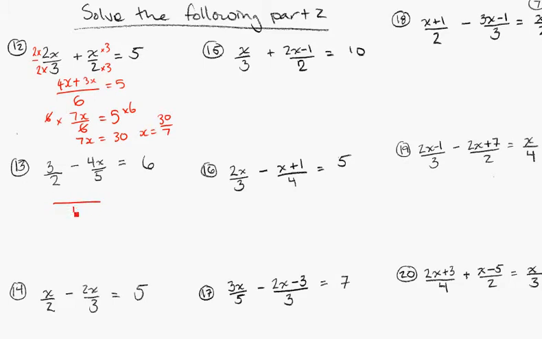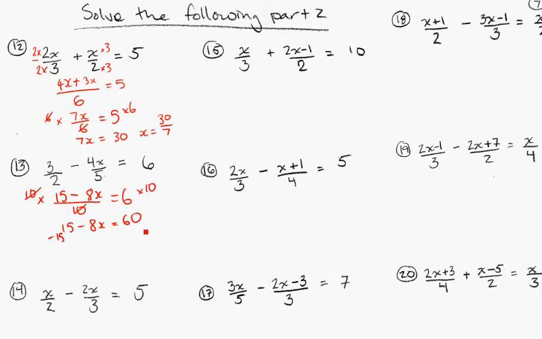Right, next one, we'll put them both over 10, common denominator. Multiplying top and bottom here by 5. 5 2's are 10, 5 3's are 15. Multiplying by 2, top and bottom. We'll multiply by 10 to cancel out the divided by 10. 15 minus 8x equals 60.